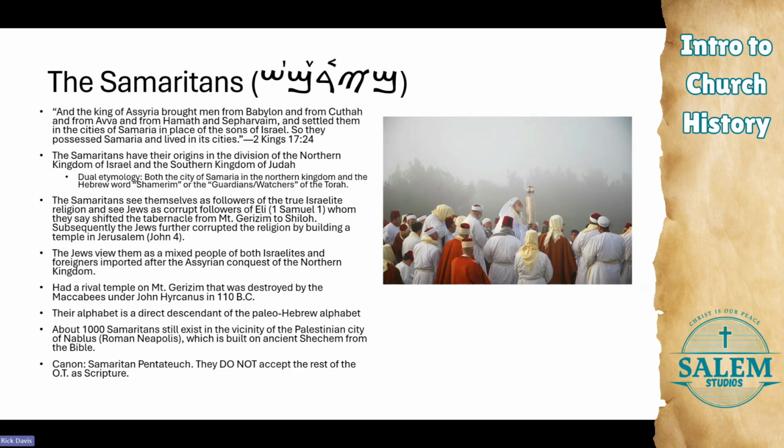The Jews view the Samaritans as a mixed people who have both Israelite ancestry, but who are also descended of the very foreigners that the Assyrians imported into what was once the northern kingdom after the Assyrian conquest. They had a rival temple on Mount Gerizim that was destroyed by the Maccabees under John Hyrcanus in 110 BC.